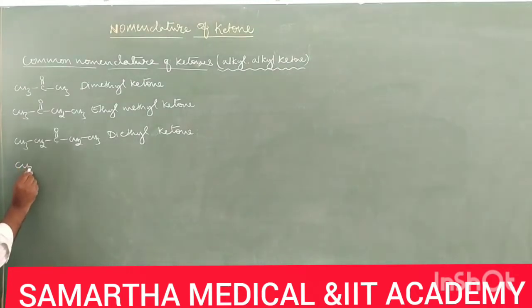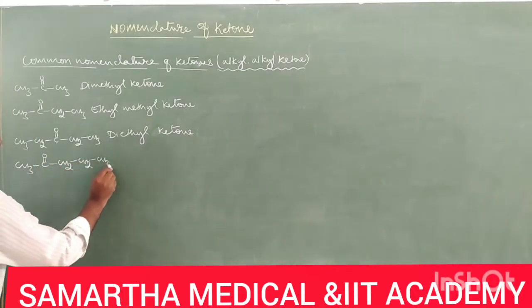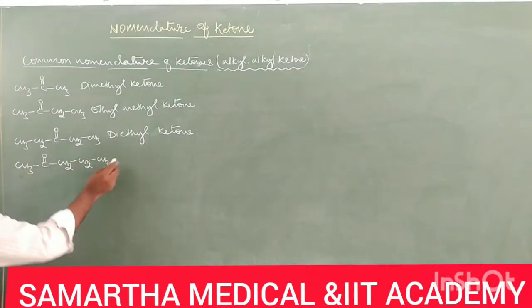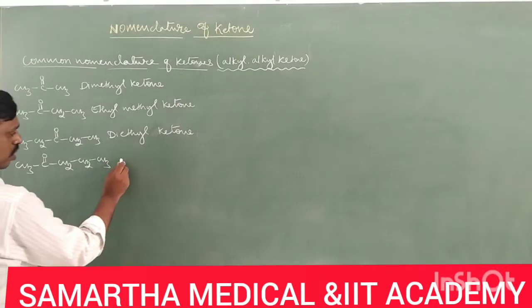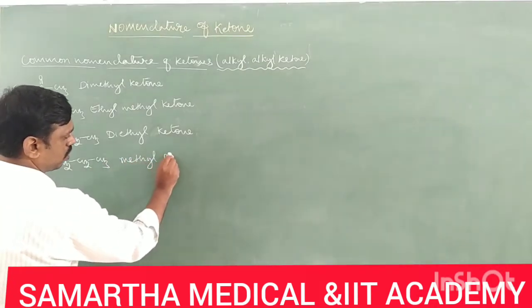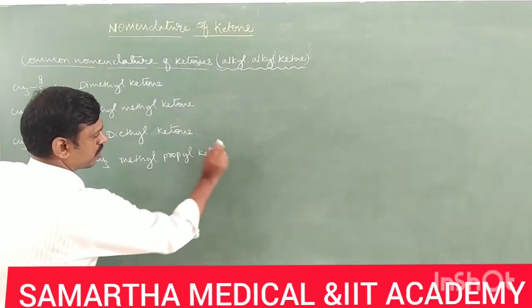If one side is methyl and another side is propyl, methyl starts with M, propyl starts with P, so methyl comes first in alphabetical order, therefore methyl propyl ketone is the common name.